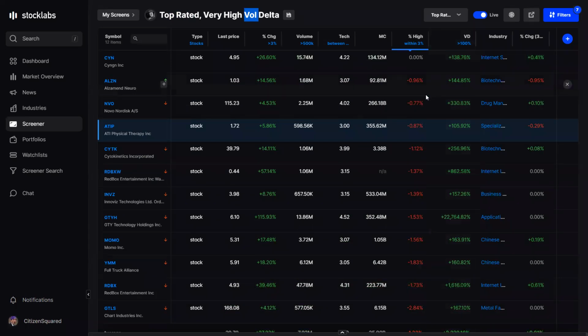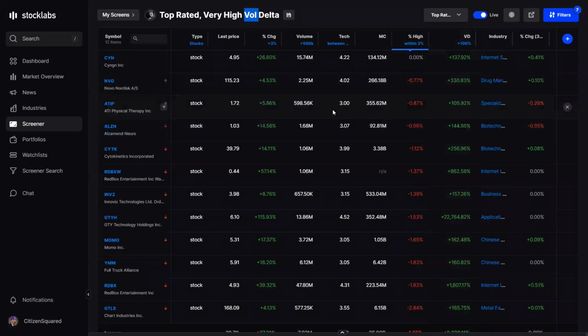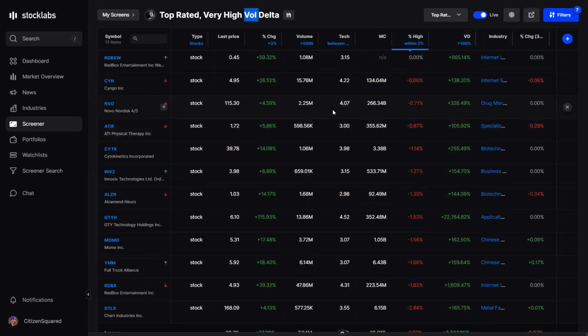So that was a lot of words, but what's happening is if a stock normally trades 1 million shares a day, and at 11 o'clock in the morning, it's on pace to trade 3 million shares that day, volume delta will take that 3 million that it's on pace to trade and compare it to the 1 million that it usually trades.